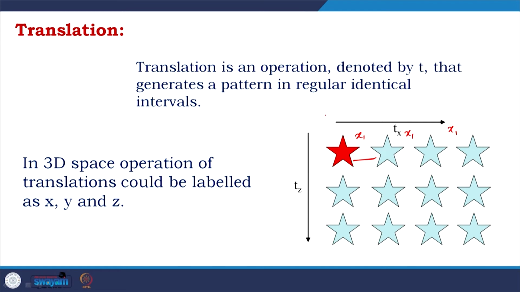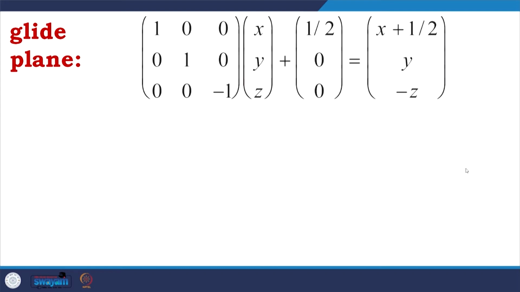So, you go a translation of x and you generate one motif, again one motif, again one motif. If you go to z, so this is 2D, but it could be 3D. In a 3D space operation, translation could be labeled as xyz. So, you have 3 axes and their movement.